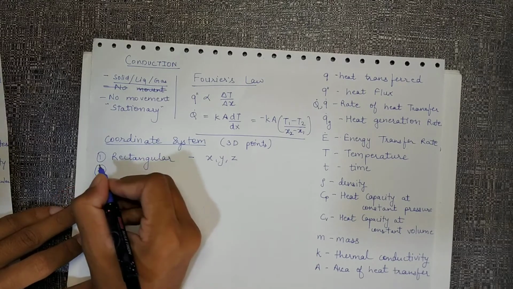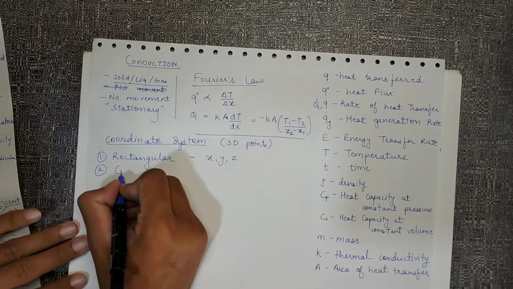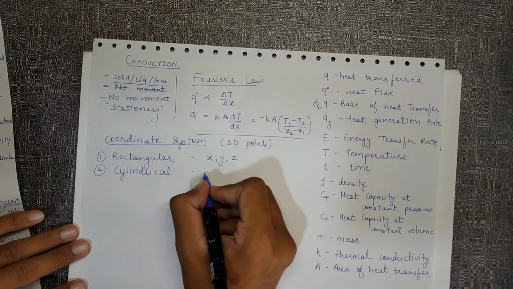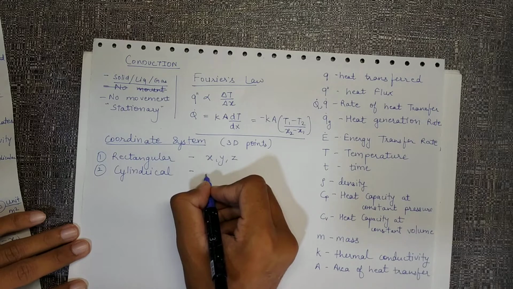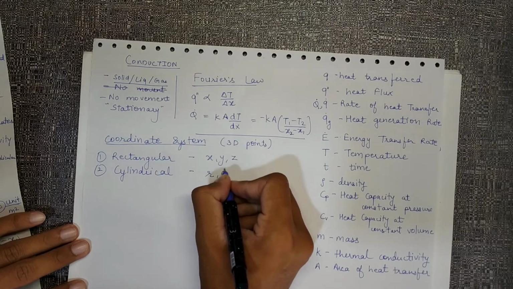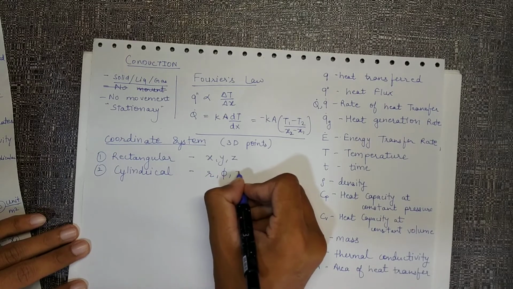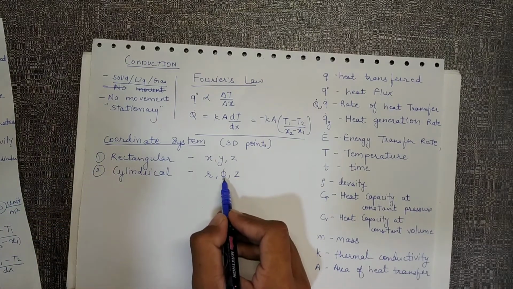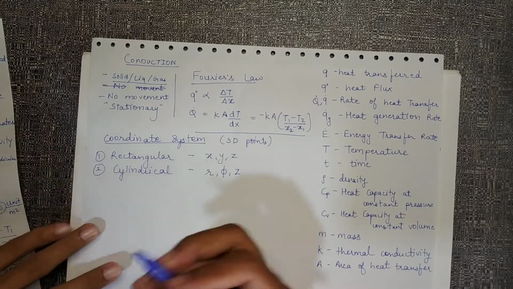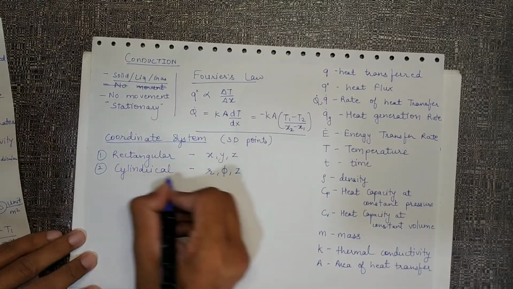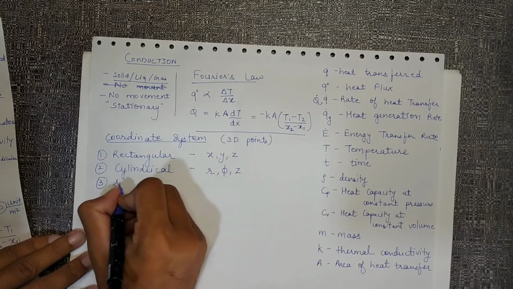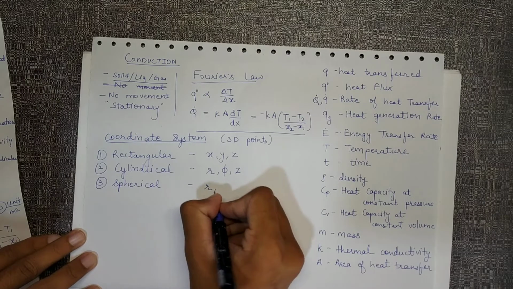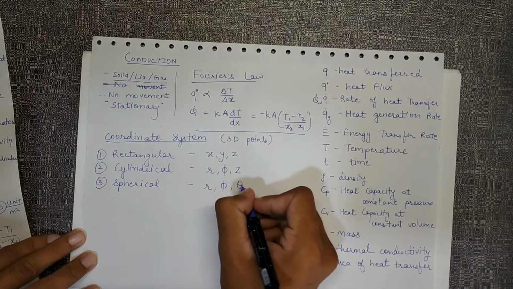Then the second one is cylindrical, in which a small change occurs where x and y are defined using r and phi, and z is as it is. I am not using theta; I am using phi because it becomes easier when correlating cylindrical coordinates with spherical coordinates. Spherical has r, phi and theta.